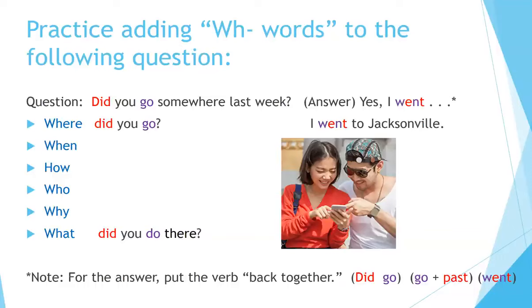For the answer, you need to put the verb back together. For example, did he go? That's go plus the past tense. So you have to put those back together and it becomes went.